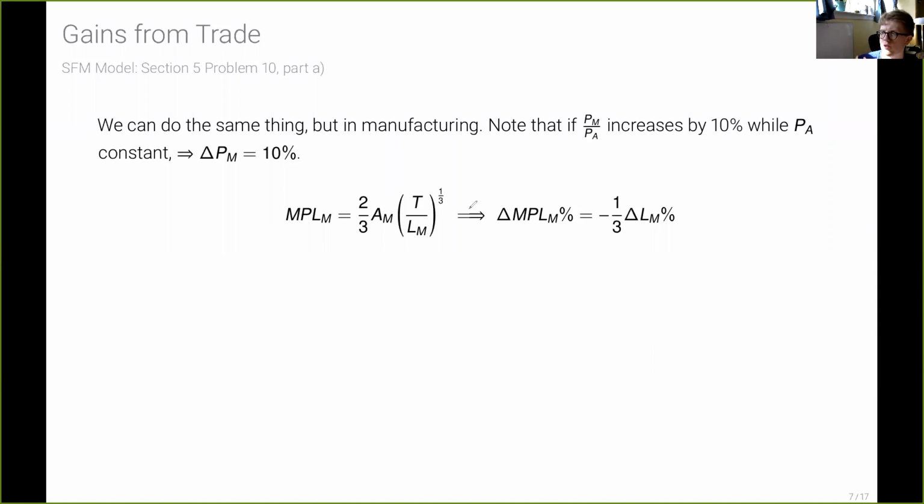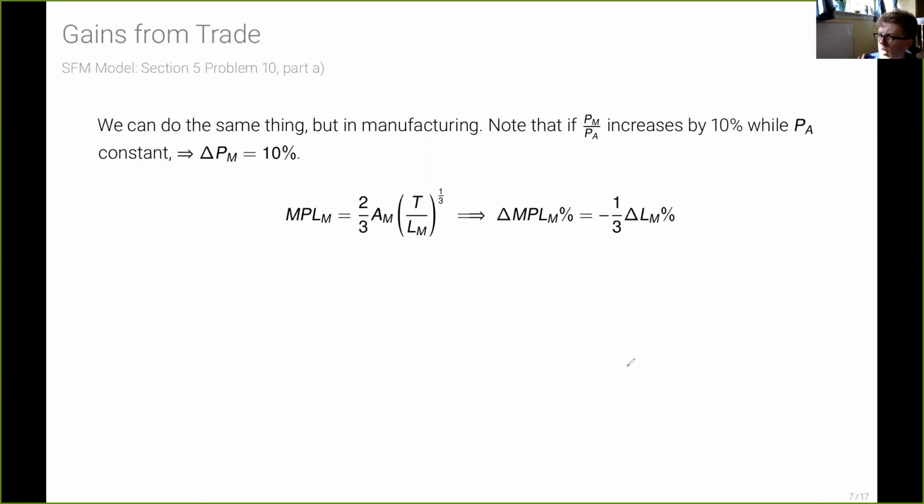And now all I'm going to do is plug in for MPLM over here, and so what I should have is that this is now 1/3 times the percent change in LM.